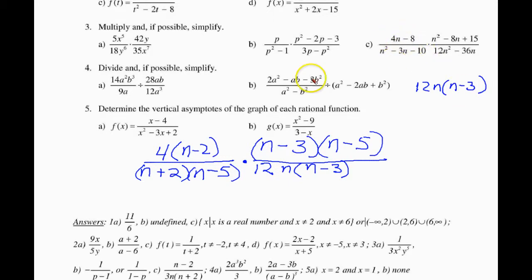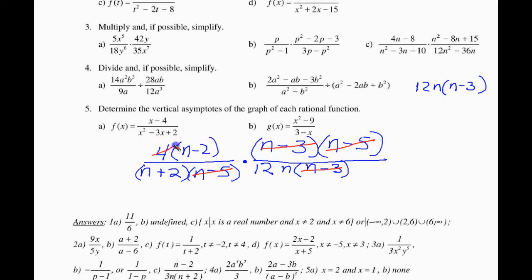So I factored this into 4 and n minus 2. Factored my denominator here into this, numerator into that. Now here I see I can take out a 12n from each one, and that's what I have. Now I'm looking for ones. Well, I have an n minus 3 with an n minus 3, n minus 5 with an n minus 5.